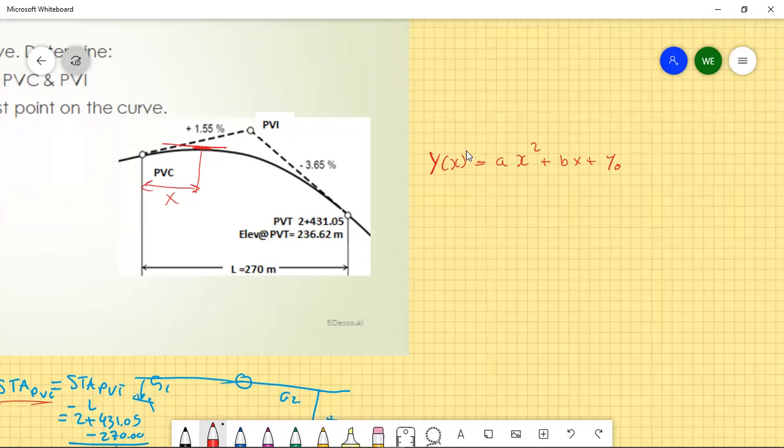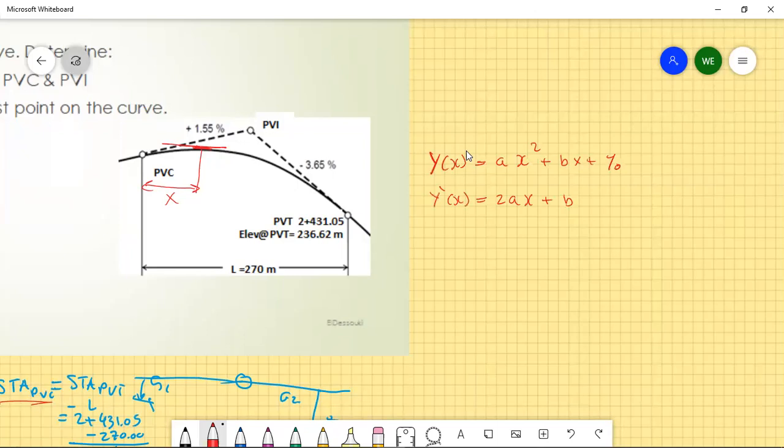In order to get the highest point, let's get the first derivative of this function. y dash of x is going to equal 2ax plus b. That's the grade, or the slope of this function.